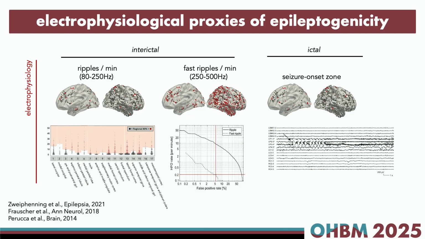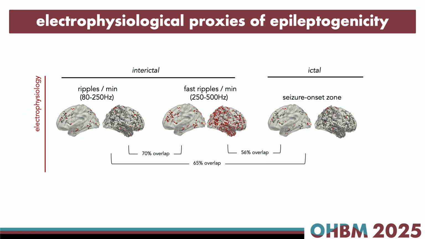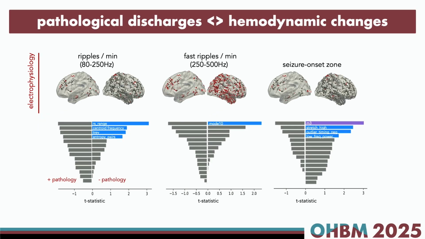And for ictal measures, I had to rely on medical expertise here that looked at the seizure recordings and labeled channels that are in regions of the brain initiating the seizures. These features overlap with each other to different extents, meaning they don't all index the same electrophysiological abnormalities. And when we compare electrophysiological markers with imaging markers, we can see non-overlapping sets of hemodynamic changes.